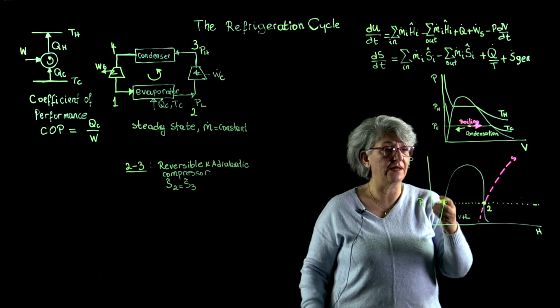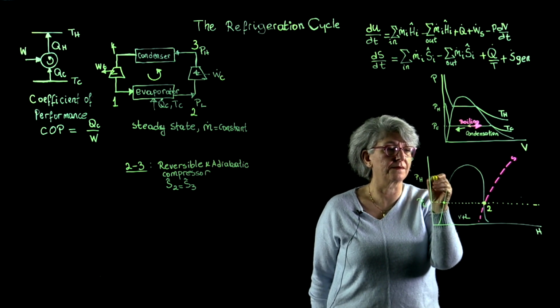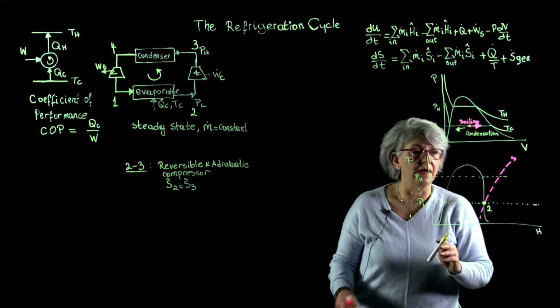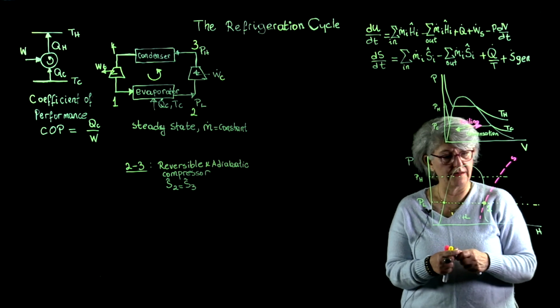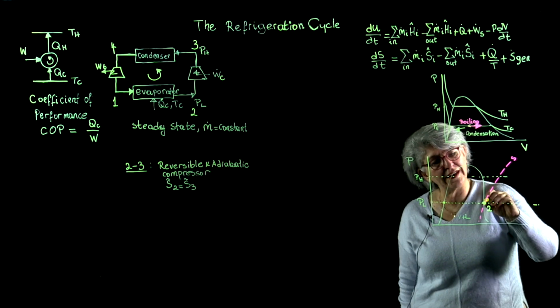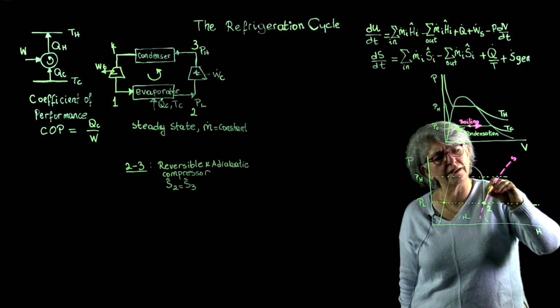So let me label my P sub H. So as a result, my system is going to navigate along this constant entropy line.